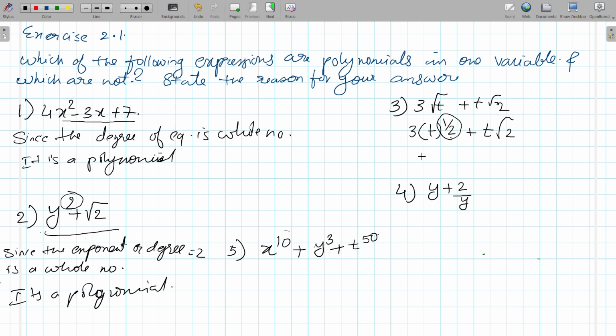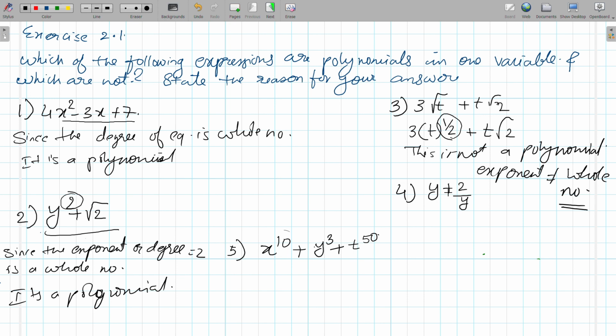So this is not a polynomial. Why is it not a polynomial? The reason you would like to write is because the exponent is not a whole number.